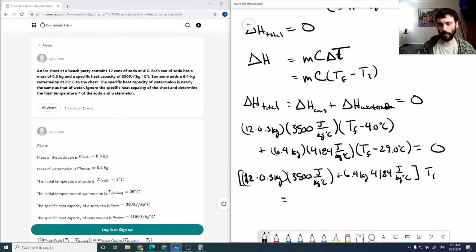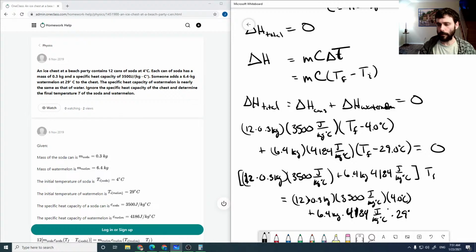And that has to equal 12 times 0.3 kilograms times 3,500 joules per kilogram degrees Celsius times 4 degrees Celsius plus 6.4 kilograms times 4184 joules per kilogram degrees Celsius times 29 degrees Celsius.